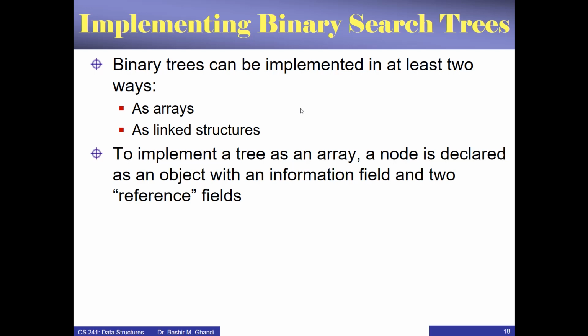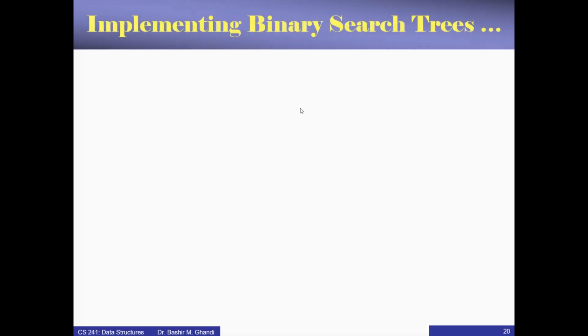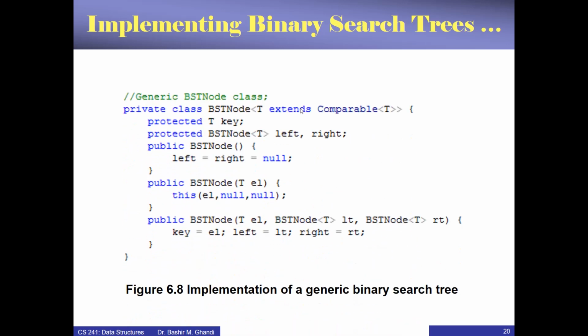So let us move right to the link structure implementation of binary search tree. And as we did with the doubly linked list and singly linked list as well, we're going to start by looking at the node class, and then we look at the binary search tree class itself.